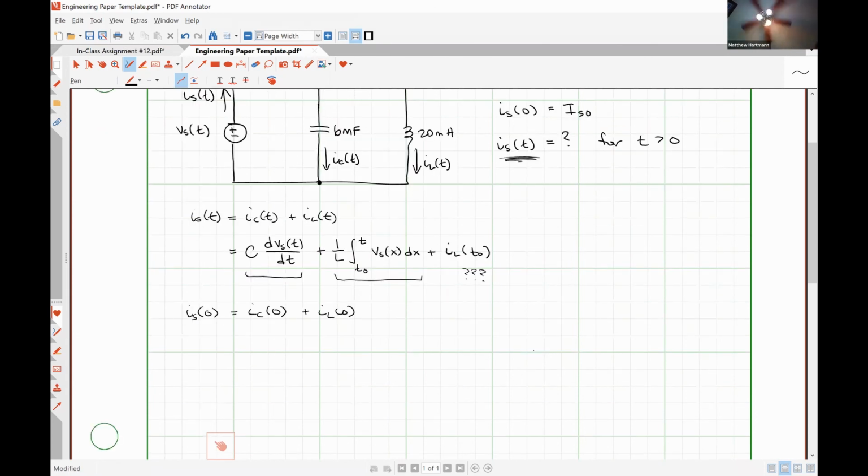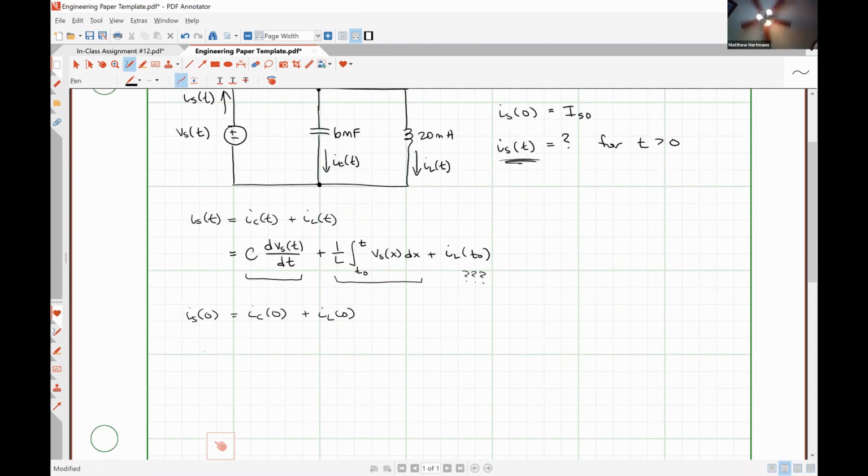And we could rearrange this and say then that IL at 0 is Is at 0 minus IC at 0, which is Is at 0 minus C dVs by dt evaluated at t equal to 0. Can we do this math? Yep, sure can. And so now we have all of the information that we would need.